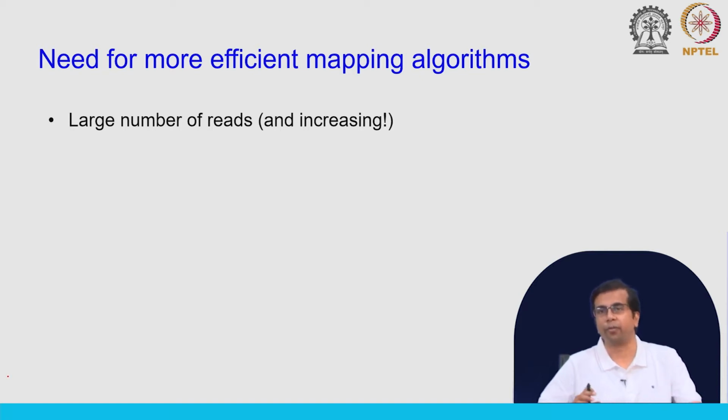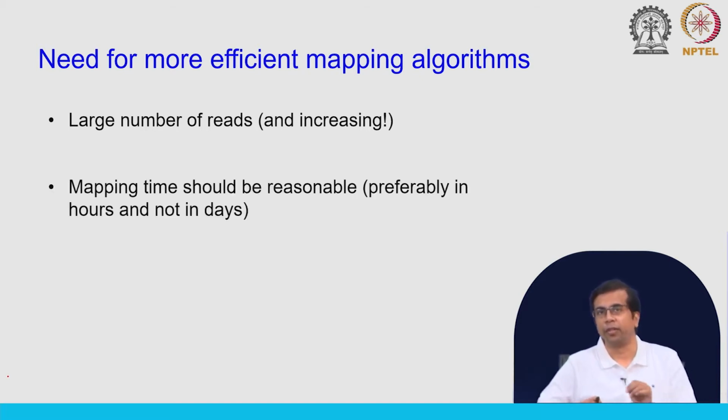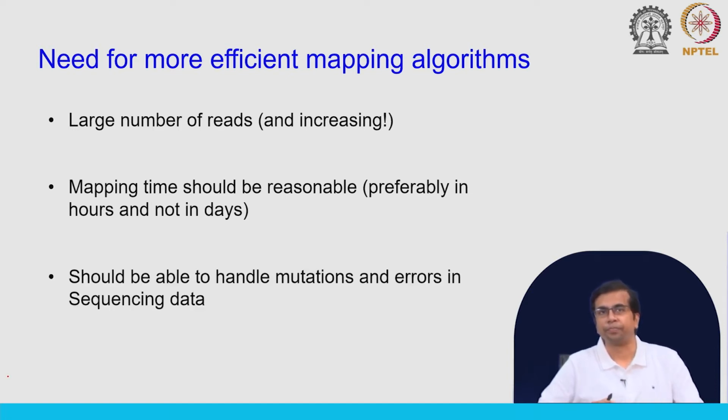If you are processing multiple samples, you will probably be handling billions of reads. So, the mapping time for these billions of reads should be reasonable, preferably in hours and not in days, especially not in tens of days. Maybe a couple of days, 3 days for billions of reads, that is probably what we can live with.